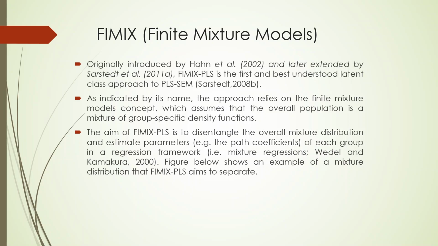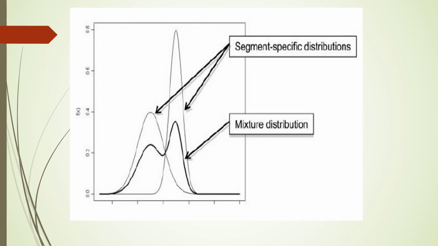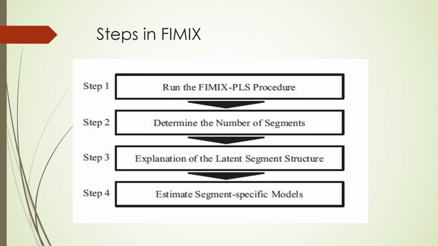If there is an overall mixture distribution, we are trying to find out whether segment-specific distributions exist in the data. You can see the mixture distribution, and then we try to find the segment-specific distributions.